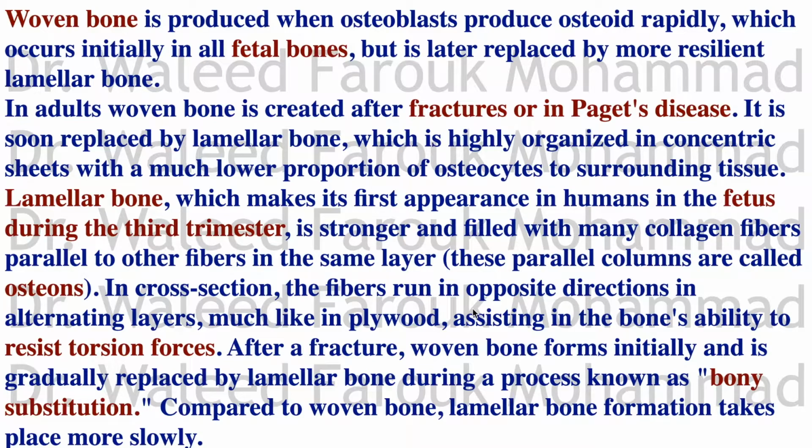By this arrangement, they assist in the bone's ability to resist torsion forces. After a fracture, woven bone forms initially and is gradually replaced by lamellar bone during a process known as bony substitution.